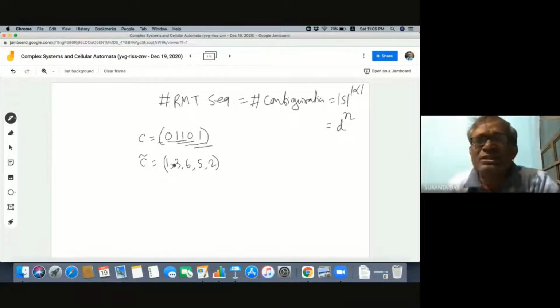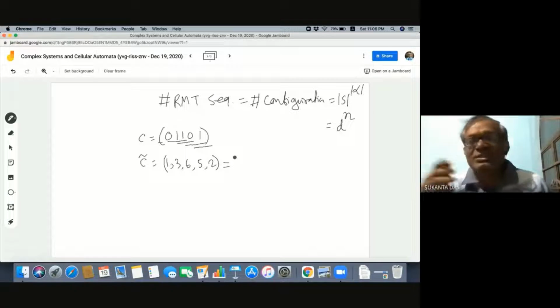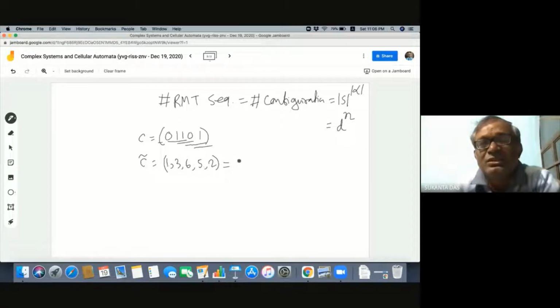One more point I can tell you here: if there is no confusion, then we can omit these commas. Particularly for this case, we generally represent this RMT sequence without commas. In the case of an RMT also, if there is no confusion, we simply place the elements side by side, like 0, 0, 0. So generally we write it this way: 1, 3, 6, 5, 2.